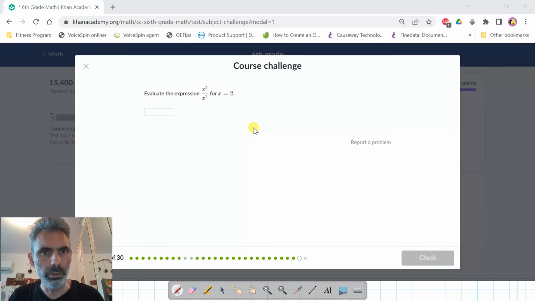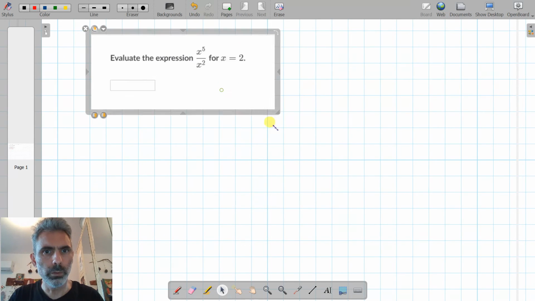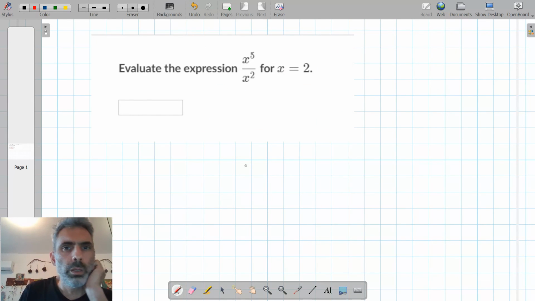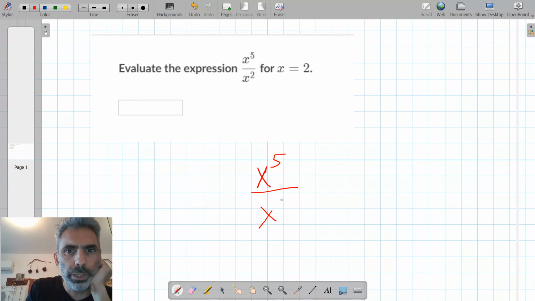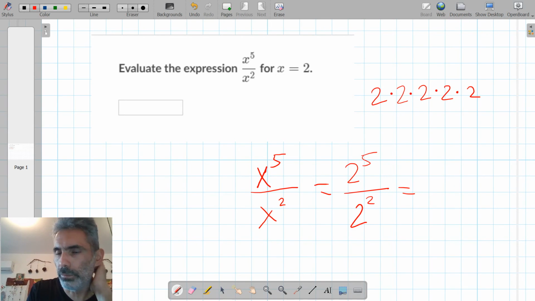Evaluate the expression for x equals 2. So x to the power of 5 divided by x squared, when x equals 2, so 2 to the power of 5 divided by 2 squared. 2 to the power of 5 is 2 times 2 times 2, which is 8, times 2 is 16, times 2 is 32.